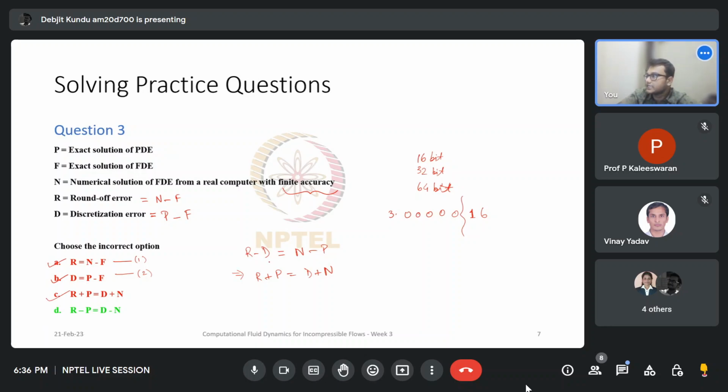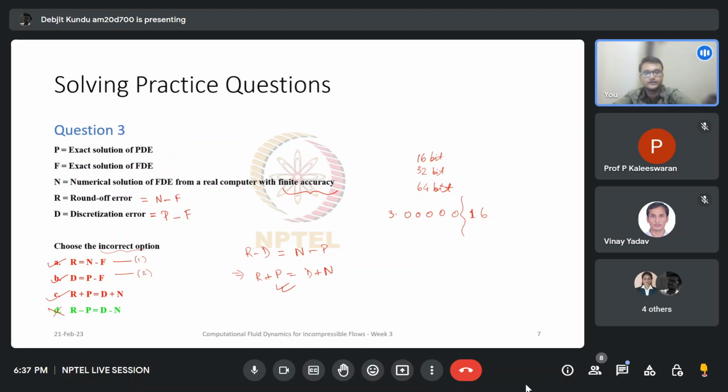And option D has to be wrong because it is not consistent with this equation, which we know to be true. That's why this is an incorrect statement, and since we have to choose the incorrect option, option D would have been the correct answer.